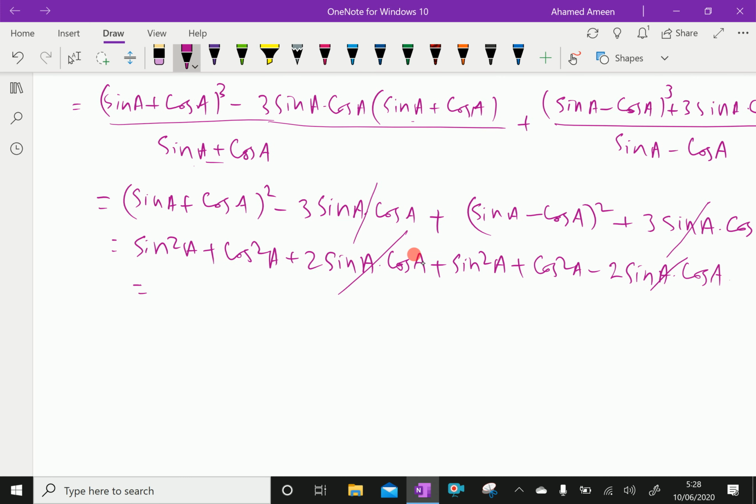Also sin squared A plus cos squared A is 1. Here also sin squared A plus cos squared A is 1, which is RHS. We got LHS equal RHS. Hence we proved.